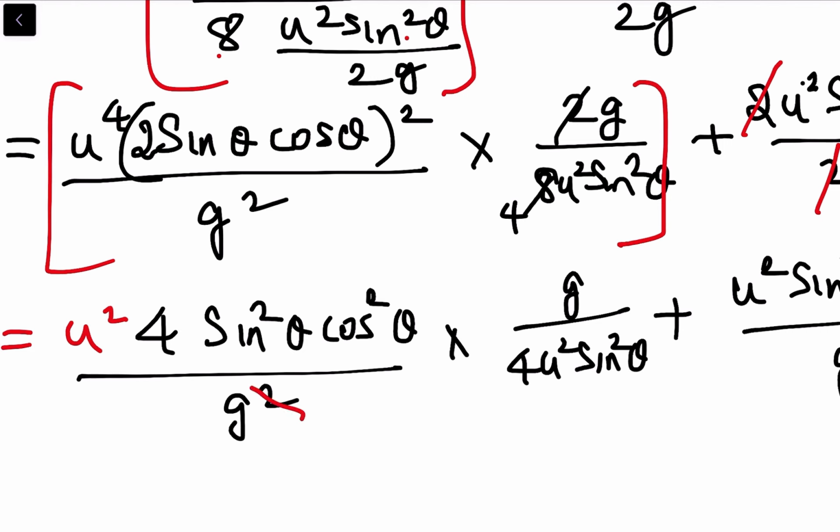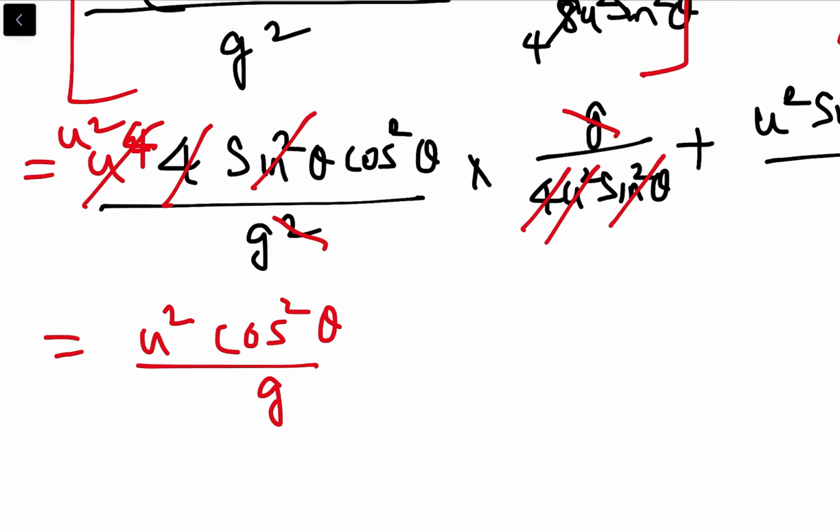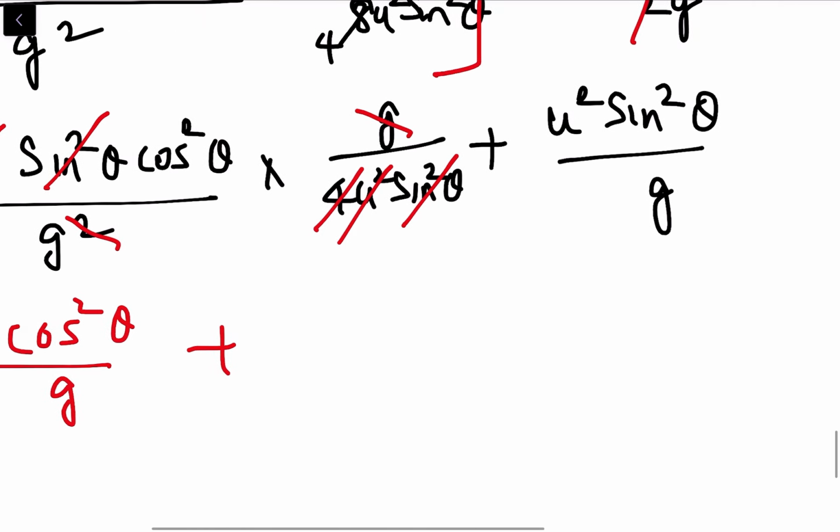Sorry, here it is u to the power of 4. So here you will get u square, and that's all I think. What remains now is u square and cos square theta by g in this term, plus the other term, u square sine square theta by g.